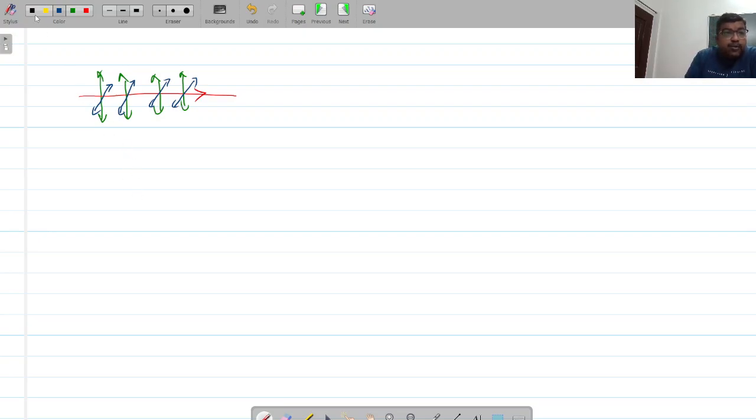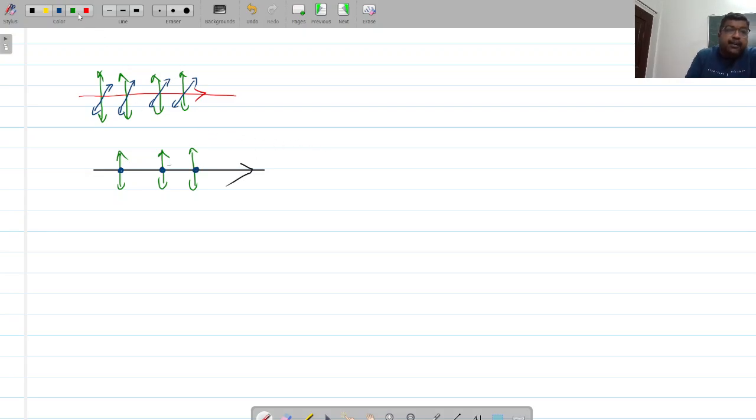Now I can represent this also like this. Suppose this is the direction of the wave propagation, and suppose this is the electric field, and the vibration perpendicular to the plane of the paper is represented by dots.